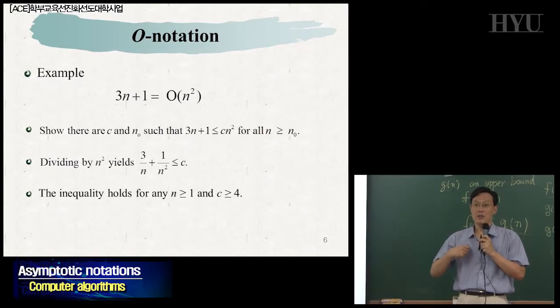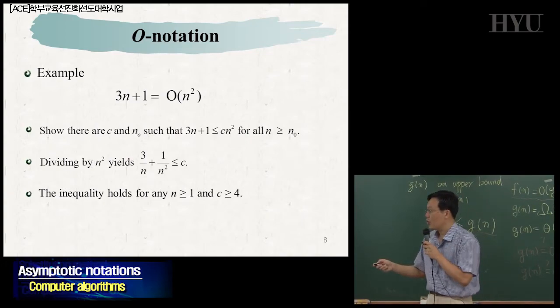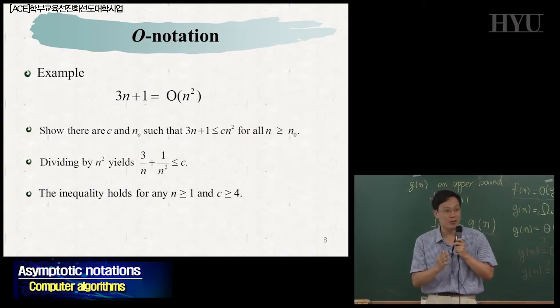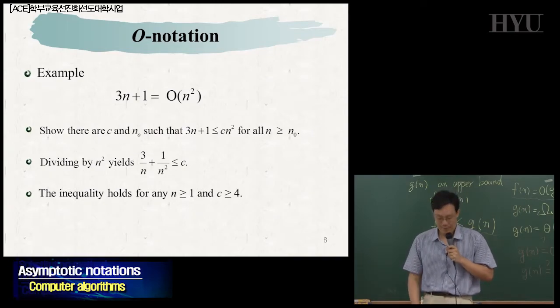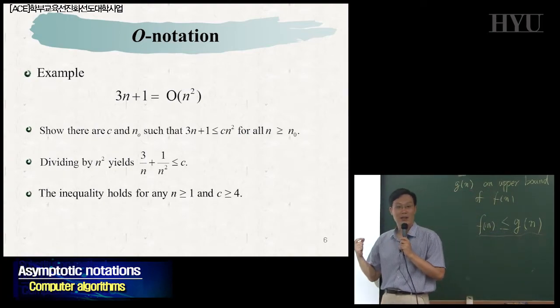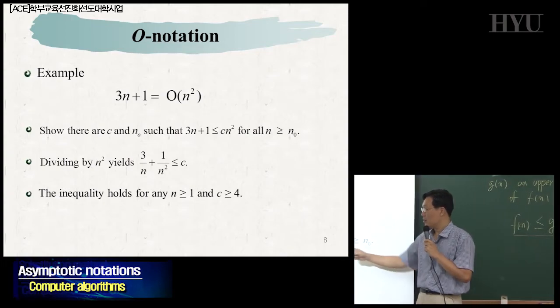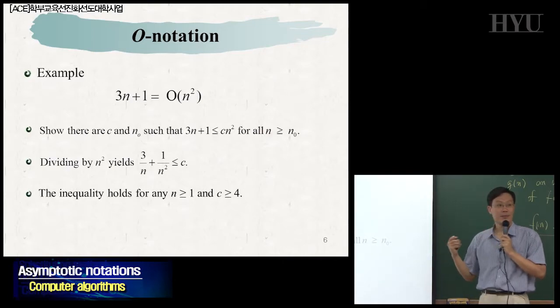Proving using only the definition means finding two positive constants, c and n0, satisfying this inequality. Then let's find them.